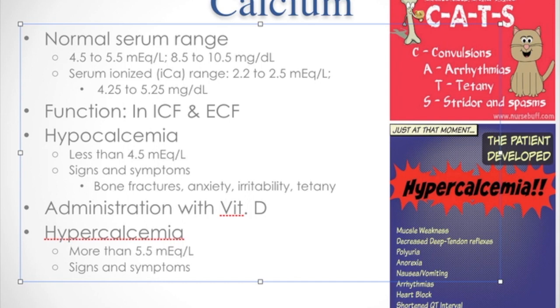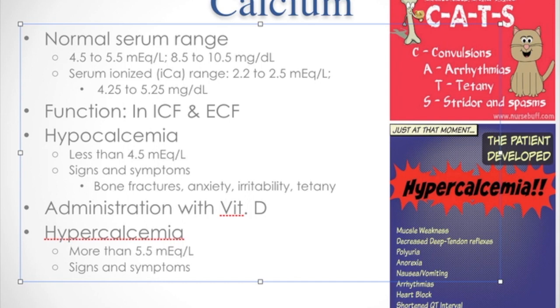If you have low calcium, you can have convulsions, tetany, cardiac arrhythmia, and stridor and spasms. If we need to give calcium, we can give IV or oral calcium, and oral calcium must be taken with vitamin D 30 minutes before meals.